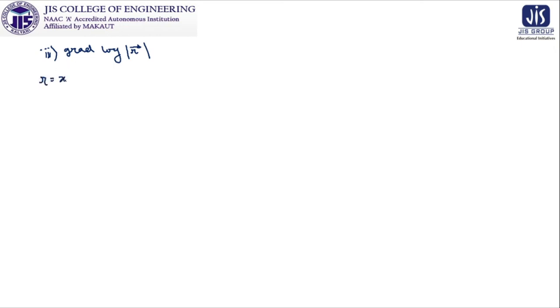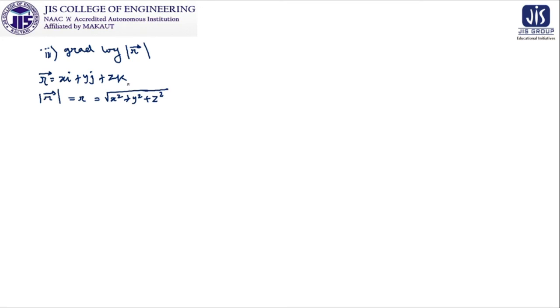Okay, so what is r? R is xi plus yj plus zk. So what will be mod of vector r? This is our vector r. So mod of vector r will be equal to r, meaning the distance, which is nothing but root over x square plus y square plus z square.